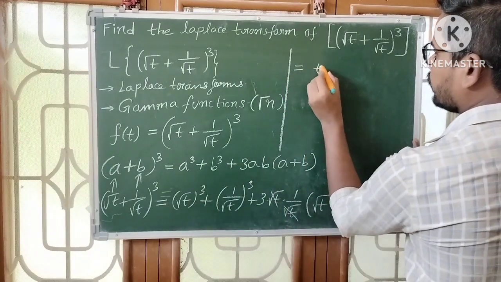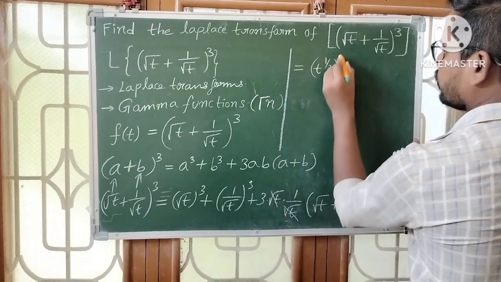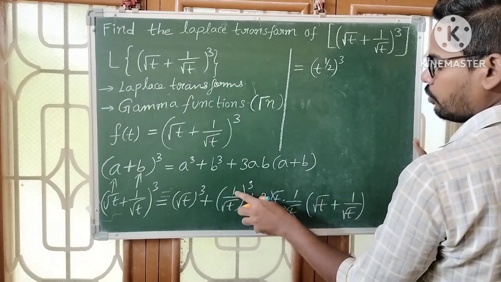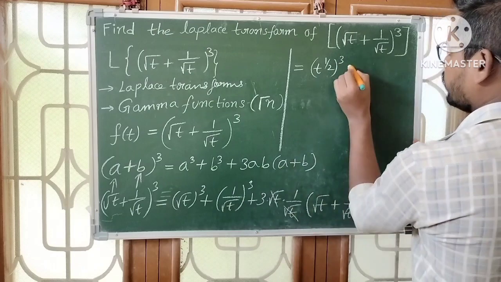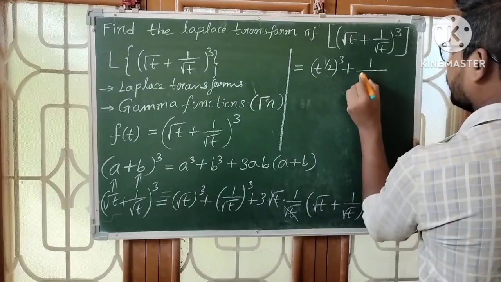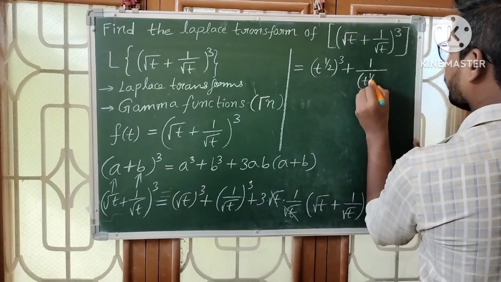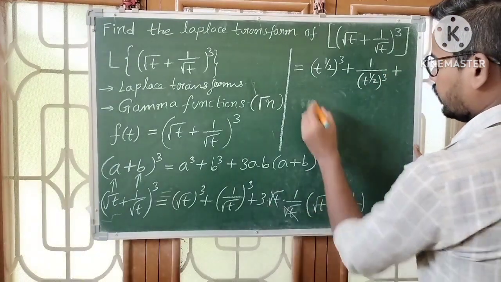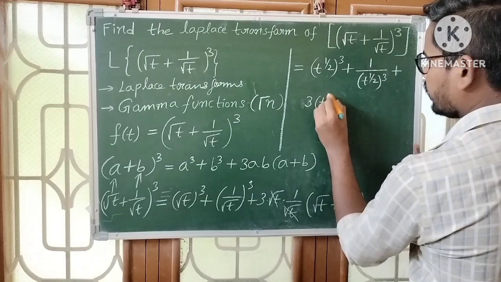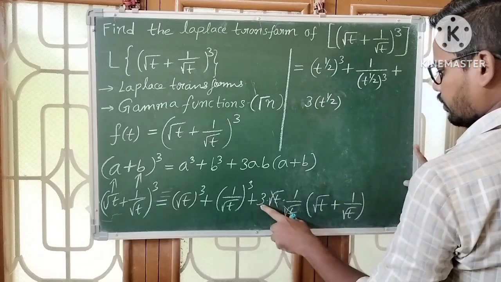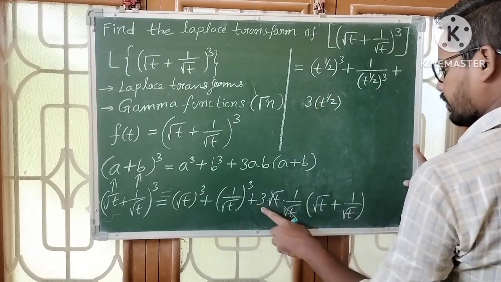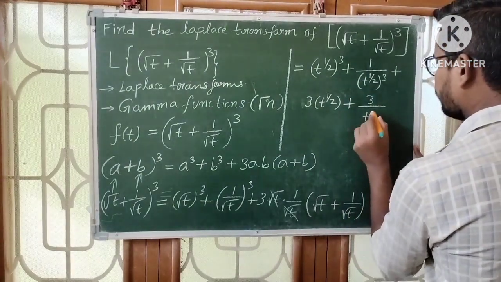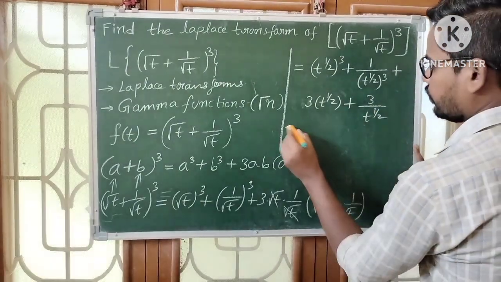Root t means t power 1 by 2. So (root t) whole cube is (t power 1 by 2) whole cube, plus 1 cube by (root t) whole cube, plus 3 into root t, which is 3 t power 1 by 2, plus 3 into 1 by root t, which is 3 by t power 1 by 2.